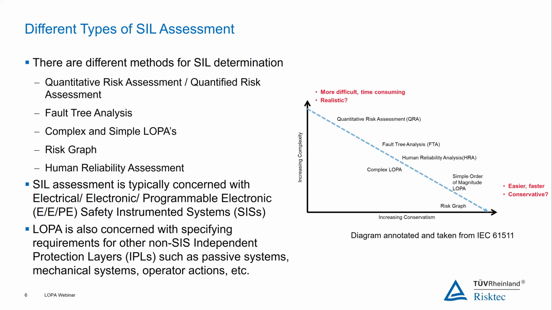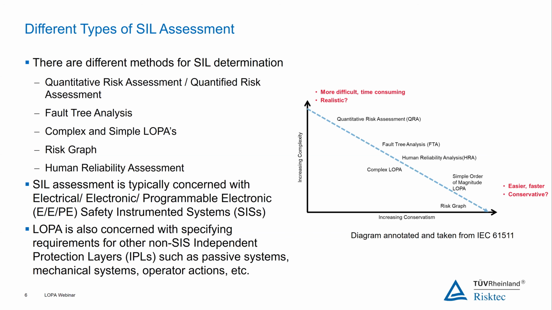However, LOPA kind of sits in the middle of that, if you will. So LOPA will obviously consider all of your E/E/PE equipment, but it will also take account of and consider other different types of safeguards that are passive systems, mechanical systems, even certain operator actions and activities, given the right conditions, can be considered and defined within the LOPA methodology as well.